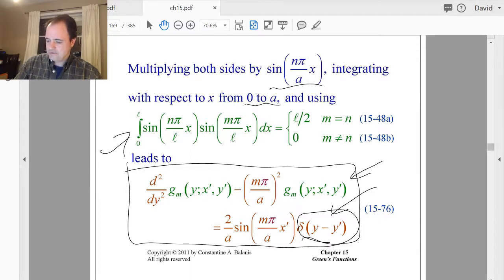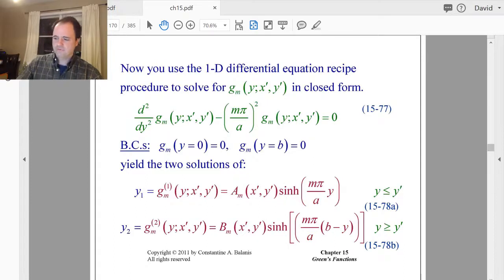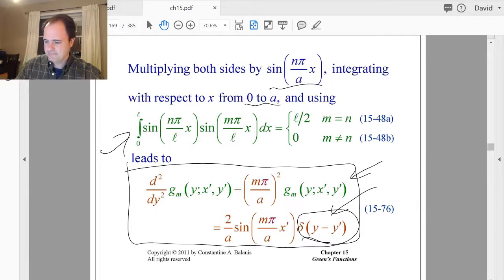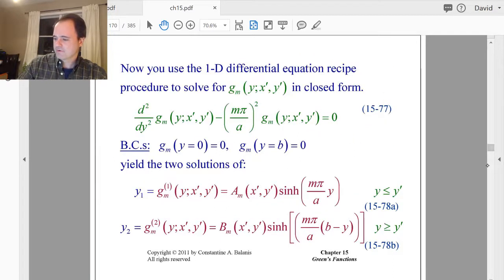Okay. So in the closed form recipe for finding the Green's functions, you take that right-hand side and set it equal to 0, and then find solutions for g that satisfy the boundary conditions at y equal to 0, and then the second solution that satisfies the boundary conditions at y equal to b.